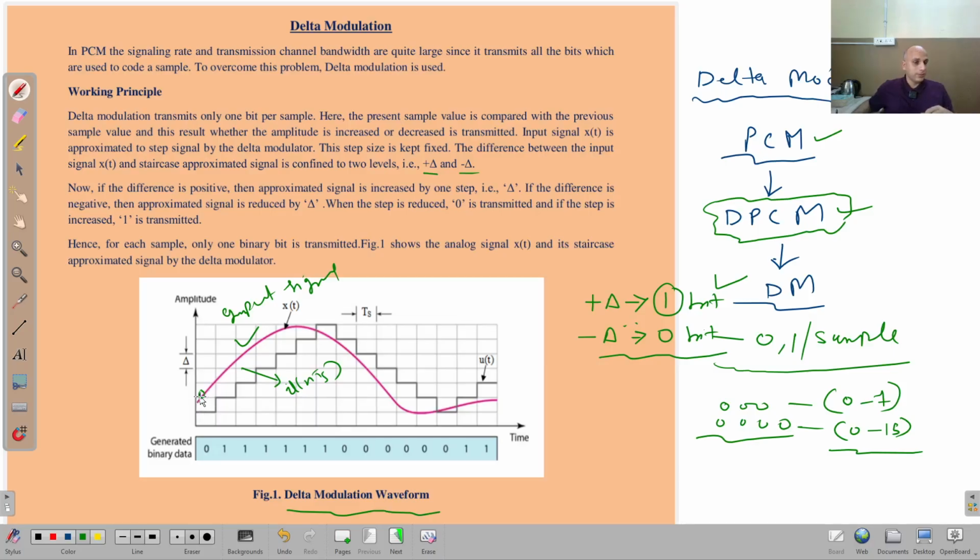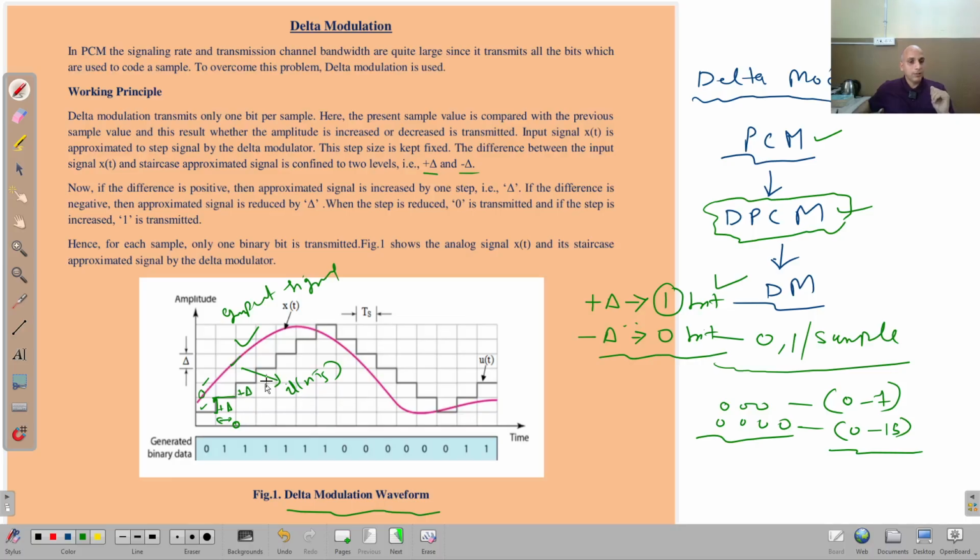So if the difference, you can see now it is higher than this one, it means we will have output plus delta, right? Plus delta is added to the output, and this plus delta will remain during this period. Then again the sample is taken at this point. Then at this point again this is higher than this, it means plus delta is again added.